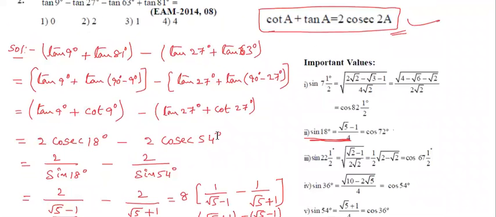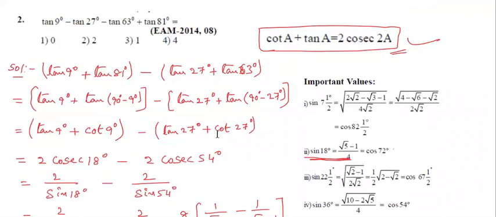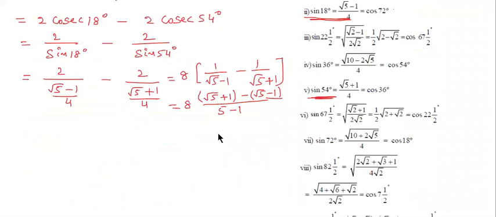Students, calculate this. What happened? 8 into here, minus root 5 plus root 5 cancel. 1 minus of minus, that is plus 1. Overall 2 divided by 5 minus 1, 4. 4 2s are 8, 2 2s are 4. 4 is the answer.